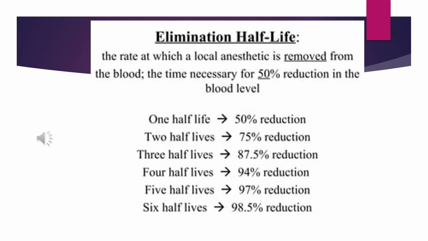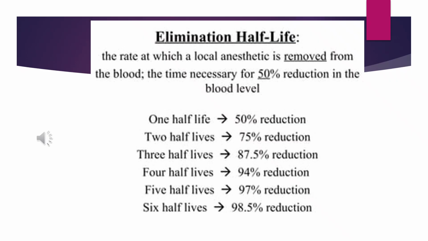Now, number 3, elimination of drugs through the metabolic or excretory pathway. Elimination of a drug depends on the elimination half-life. What is elimination half-life? It is the rate at which a local anesthetic is removed from the blood. So it is the time necessary for a 50% reduction of the drug in the blood level. So we can take 100% drug.